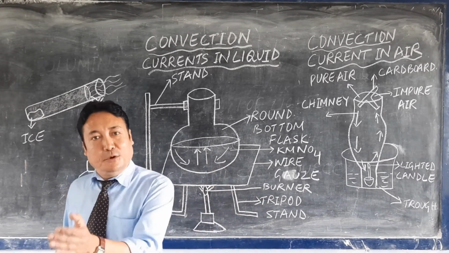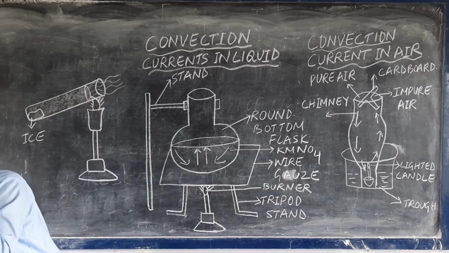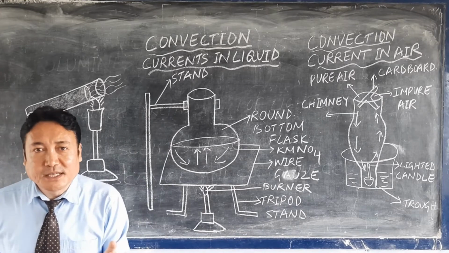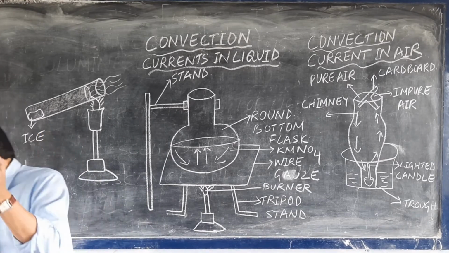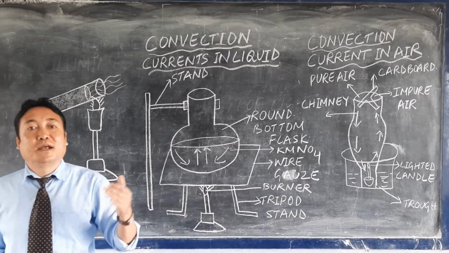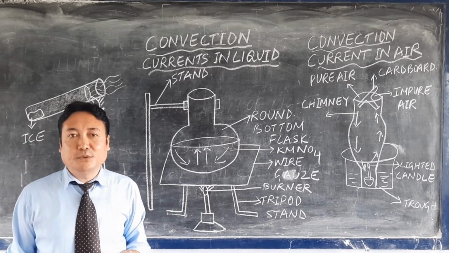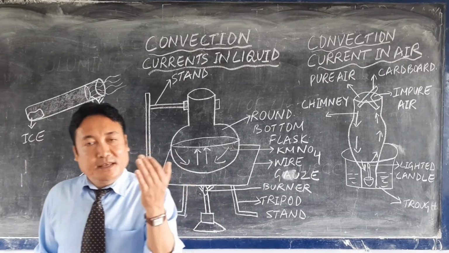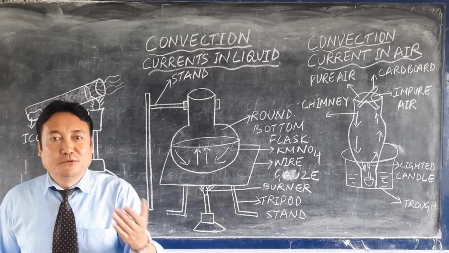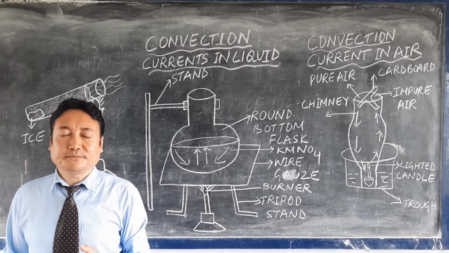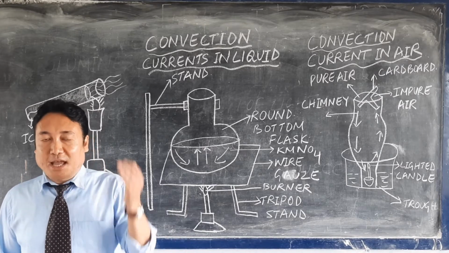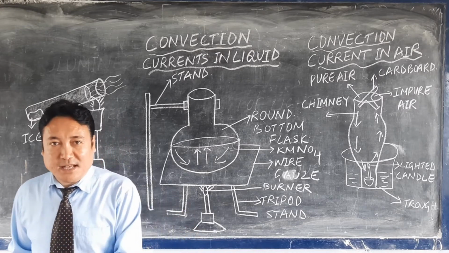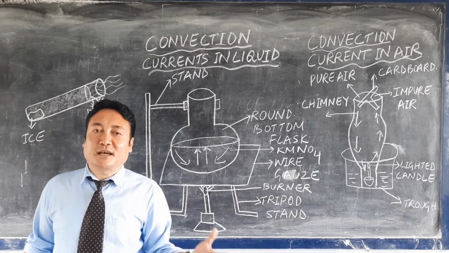Therefore, the definition of convection is: the process in which heat is transmitted in liquids and gases by the actual movement of the particles. This convection is applicable only in liquids and gases, because in liquids and gases the particles are free.